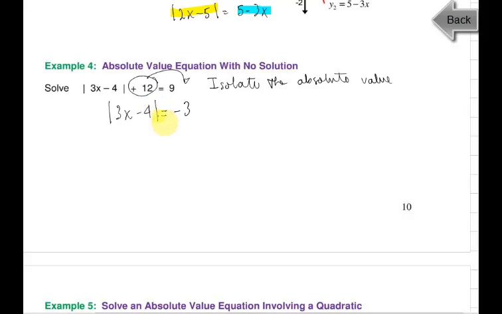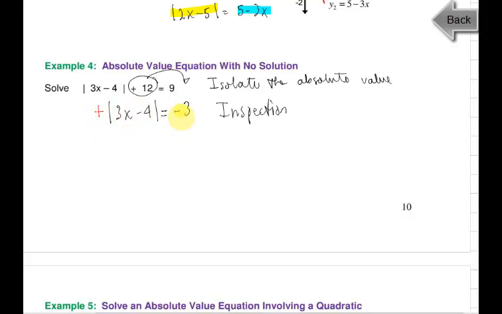All right, now remember, we can use inspection when we have something as simplified as this. You notice we don't have a binomial on the right-hand side of the equation, so we can use inspection to determine whether we have a solution or not. Remember, absolute values always come out as a positive number, so this side is positive.